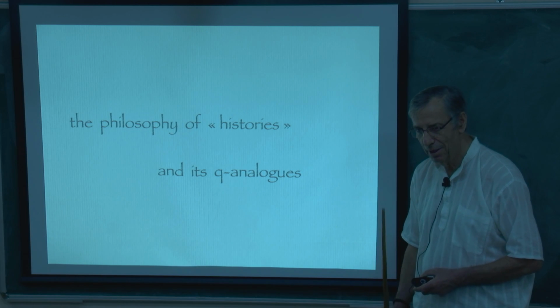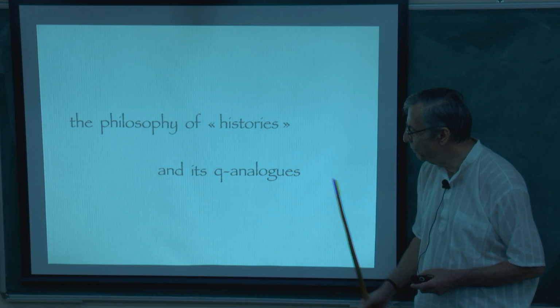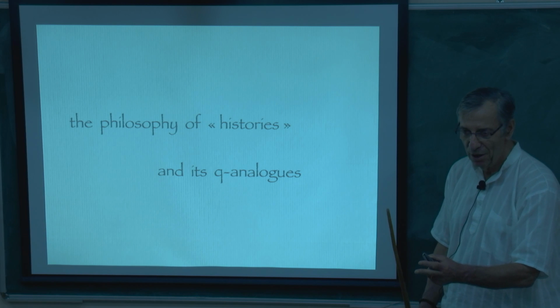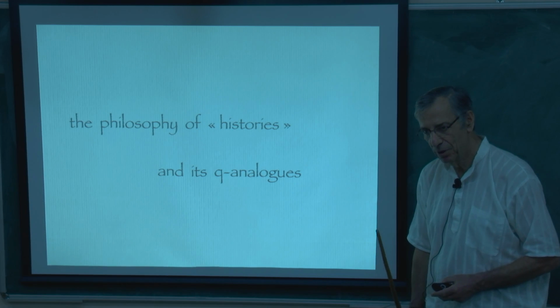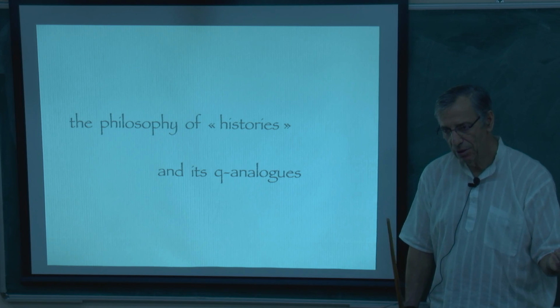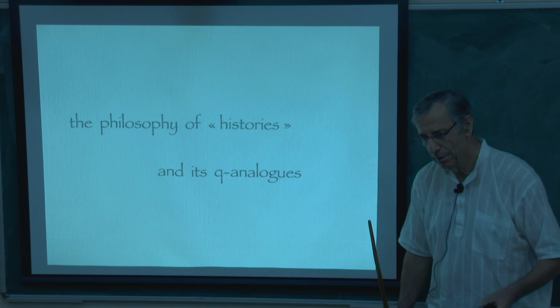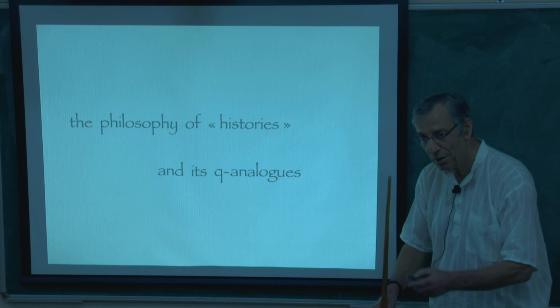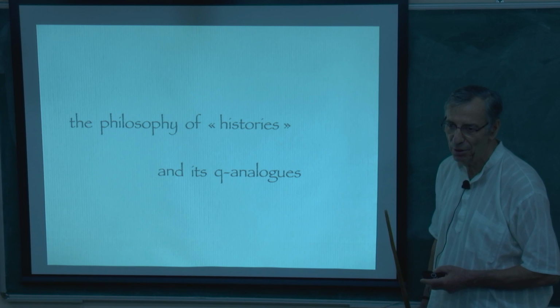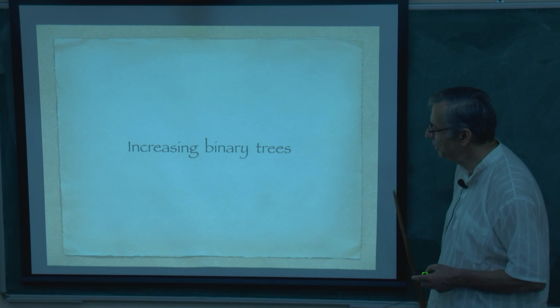You can imagine many very complicated histories. And the philosophy is that for the q-analog, each time you have a choice number i, q power i is the weight. And at the end, the q-analog of the history is q power the sum of all the possible choices. So depending on the labeling of the choices, like here, Maj and inversions, you get two different q-analogs of the same combinatorial object.